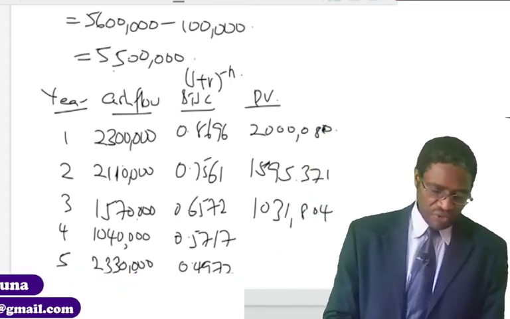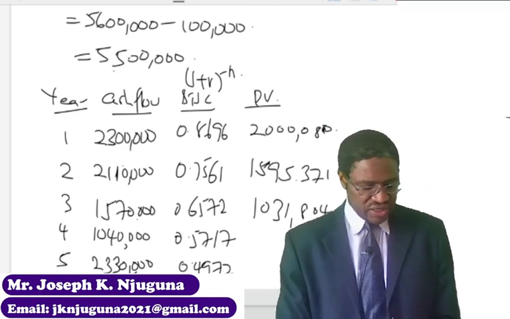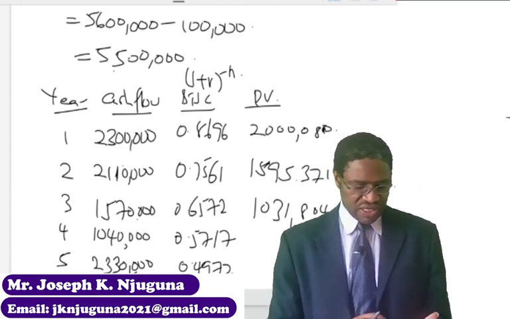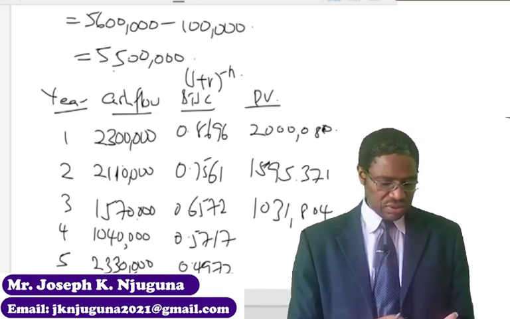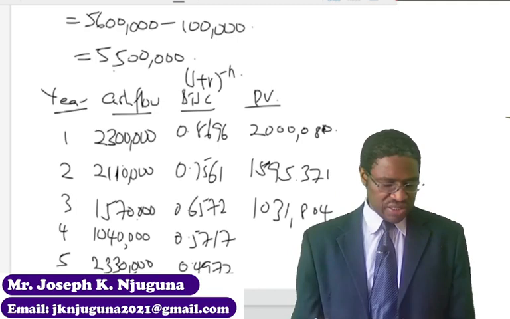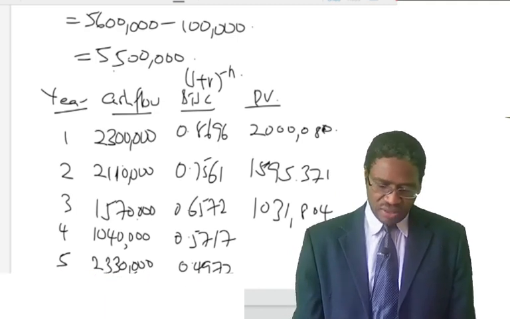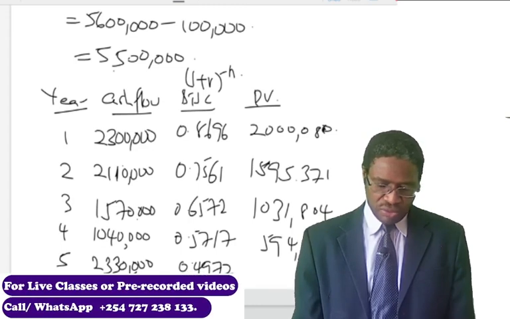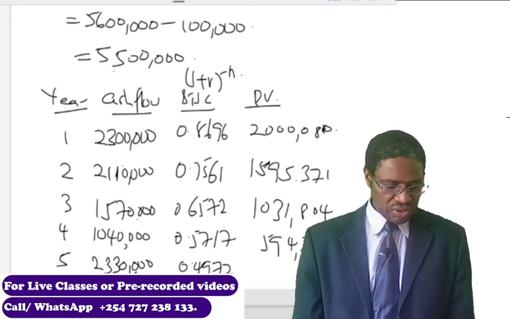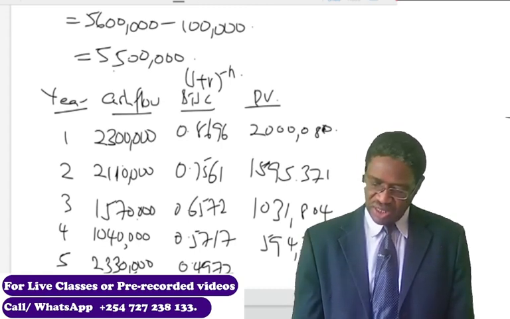We go to the fourth one. We are taking 1040. Multiply that by 0.5718. I am getting something like 594,568.